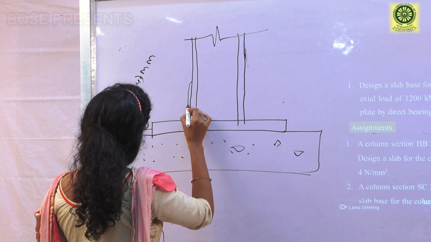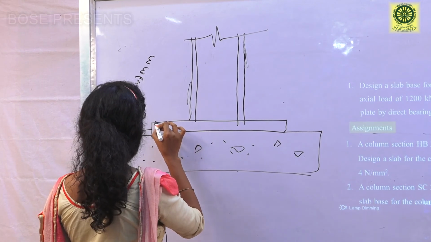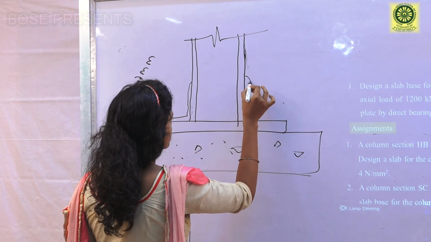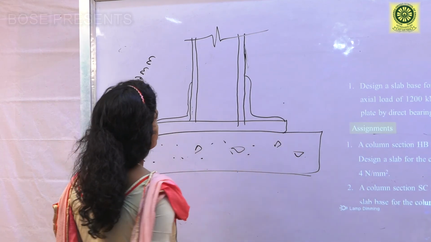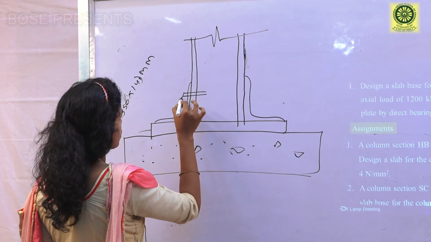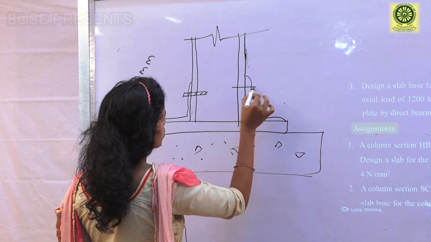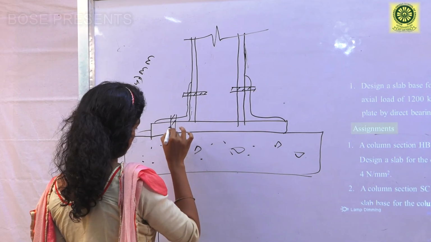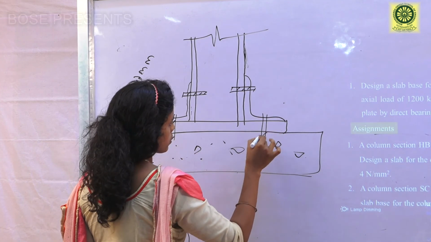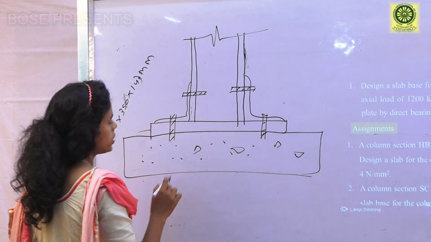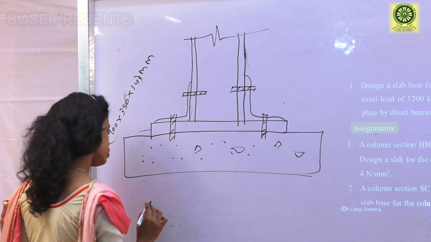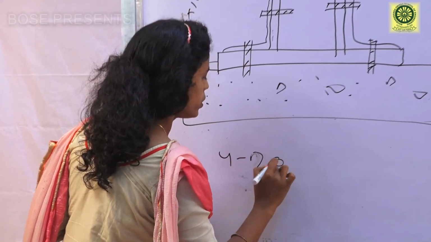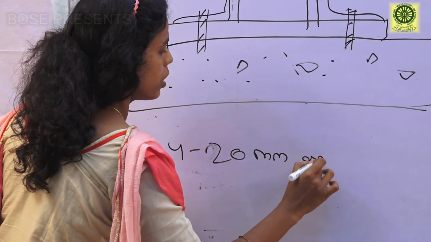So we can assume the cleat angles value. For bolted connection, normally four bolts of 20 mm are used.